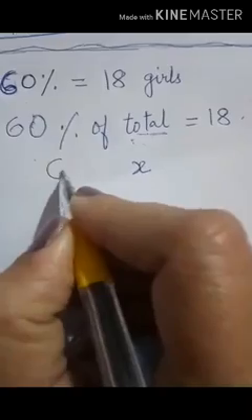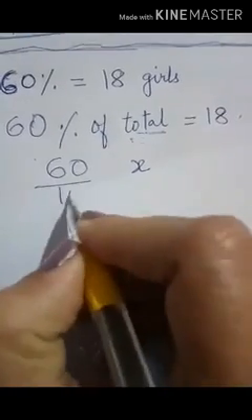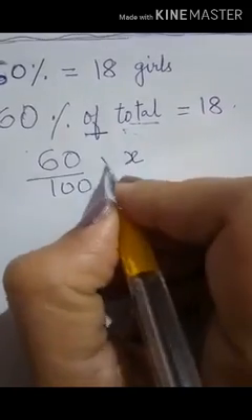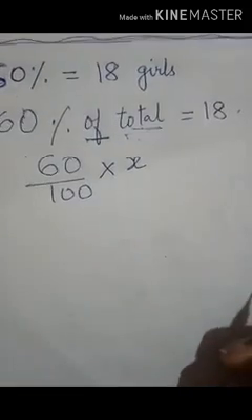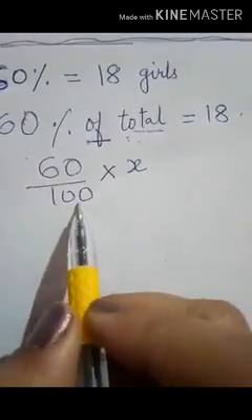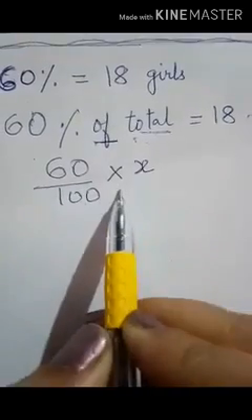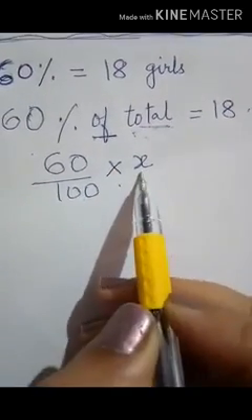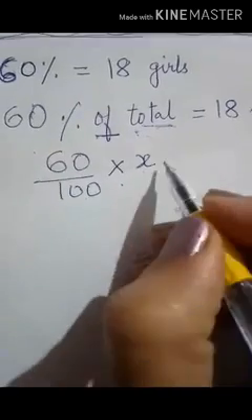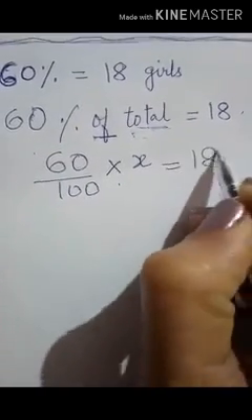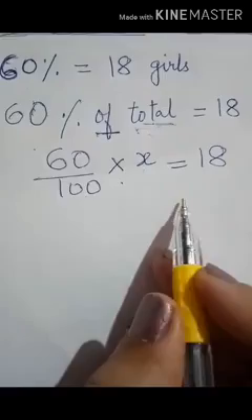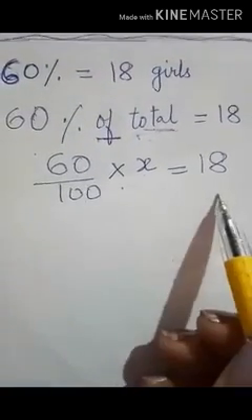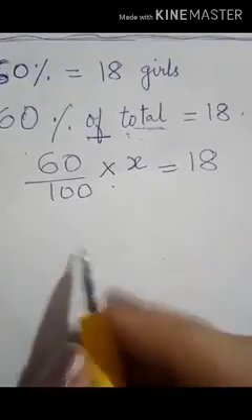60%, as you know, is written as 60 upon 100, and "of" in the mathematical form is written as multiplication. So 60 upon 100 is 60%, "of" is converted to multiplication sign, and total is an unknown quantity, so we take it as x, and this is equal to 18. You have solved the linear equation, so if you remember that, then the 60 will come down here, 100 will go up.